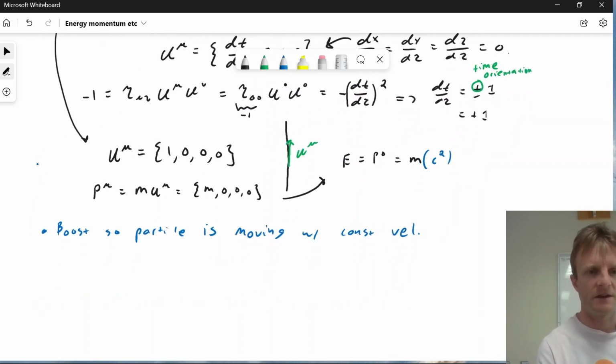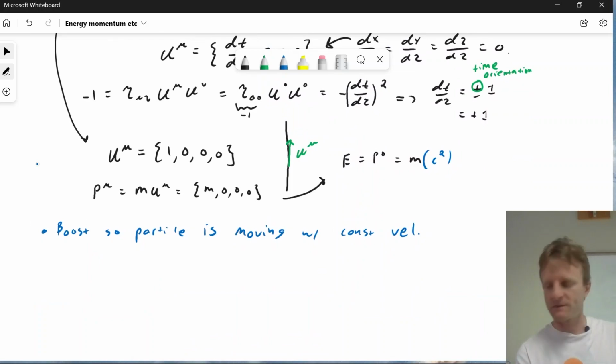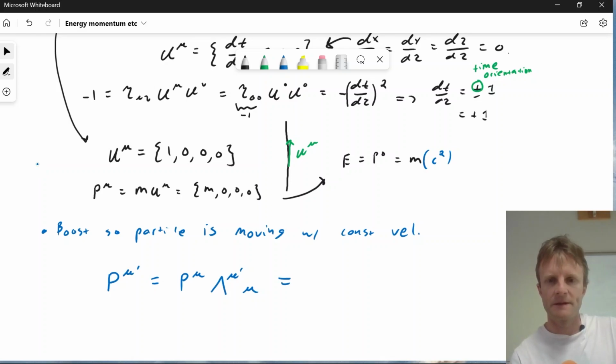So we just say our new frame that's moving with a relative velocity v, we'll write p^μ' is Λ^μ'_μ p^μ. And so if we remember lambdas, this is going to come out to p^0.